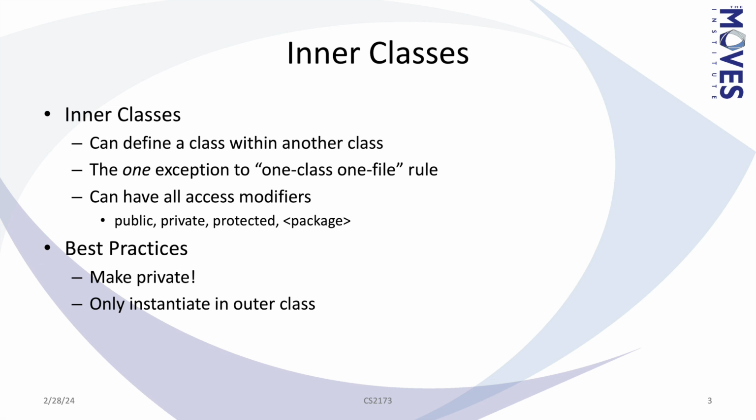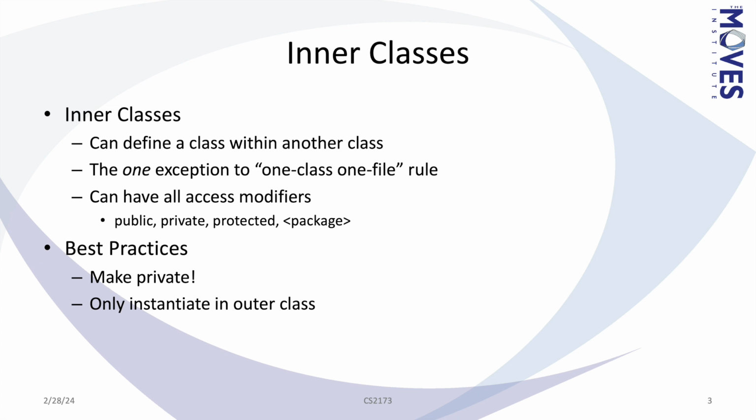It's only instantiated in the outer class. So you have an inner class and an outer class. If you make them public, that means you can do stuff with them outside, and that's usually a bad idea, because these inner classes have access, especially an inner class has access to everything inside of its outer class.